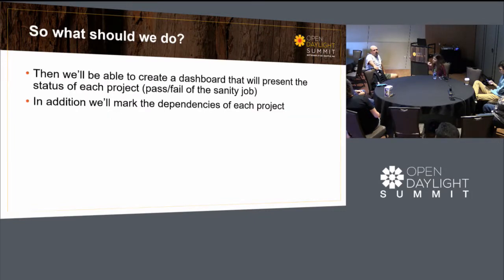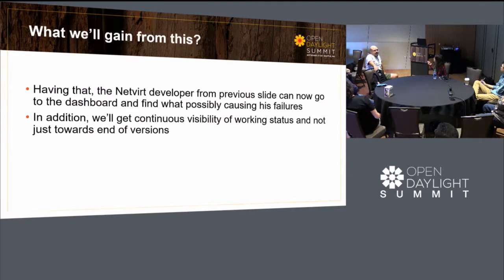Then we can create a dashboard with all of the OpenDaylight projects and the sanity job status. And we'll also have to mark the dependencies between the projects, because if I'm a new developer in NetVirt and my project's DevStack is failing, I don't necessarily know which project I am dependent on.